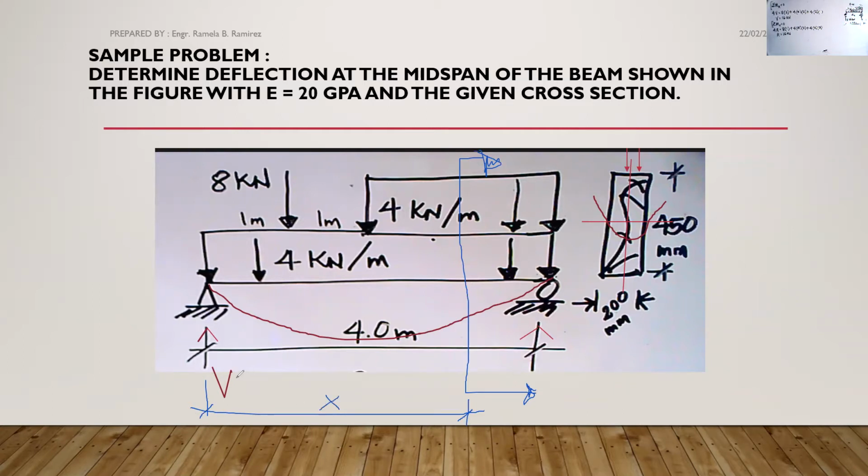Remember that from our computation, the value of B is 16 kilonewton. So you can take moment in this left portion of the cut section in order for us to have the moment equation. The moment equation should be equated to EIY double prime.